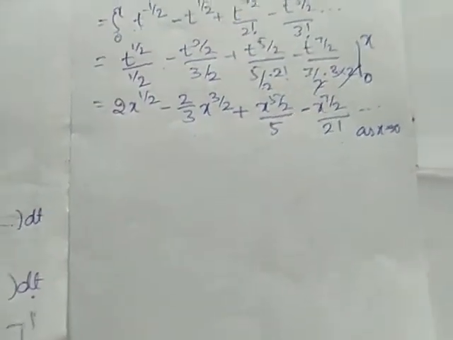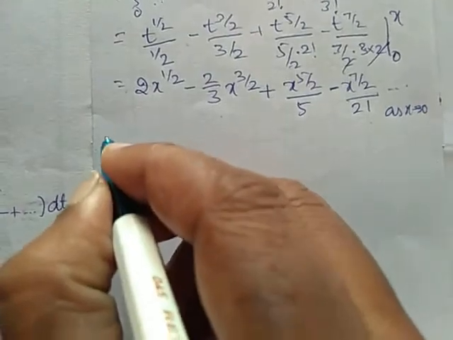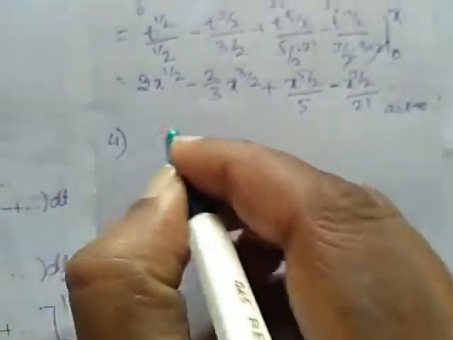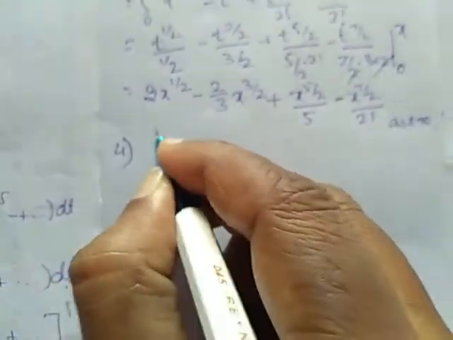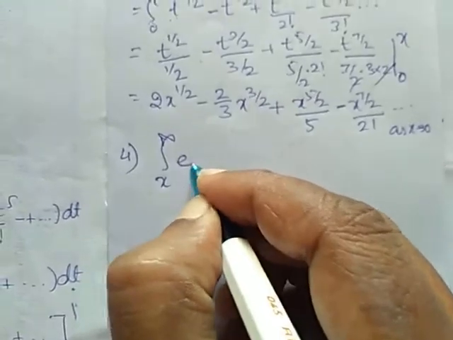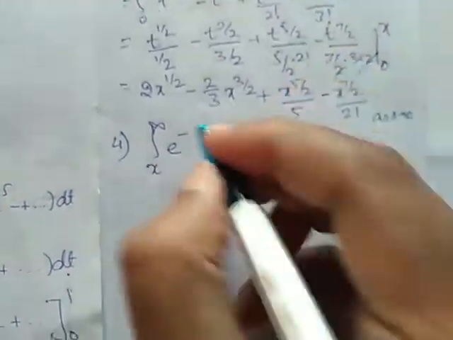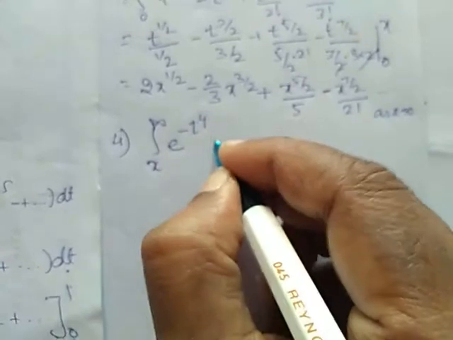Suppose we consider an integral from x to infinity of e power minus t power 4 dt.